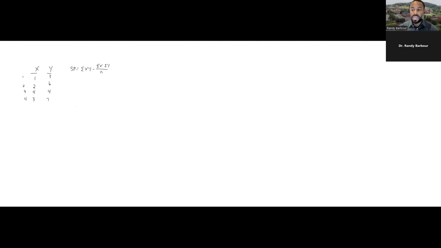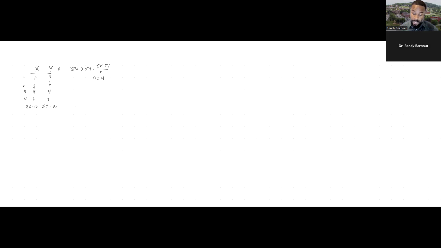Right. So now let's do some math and computation. The sum of our x values here is 10, and the sum of our y values is 20. Okay. All right. One other thing that we need is our x, y.